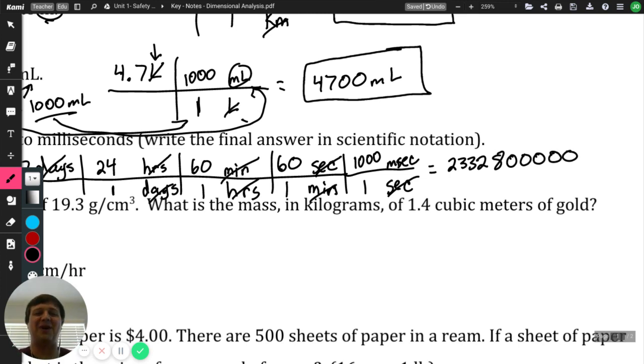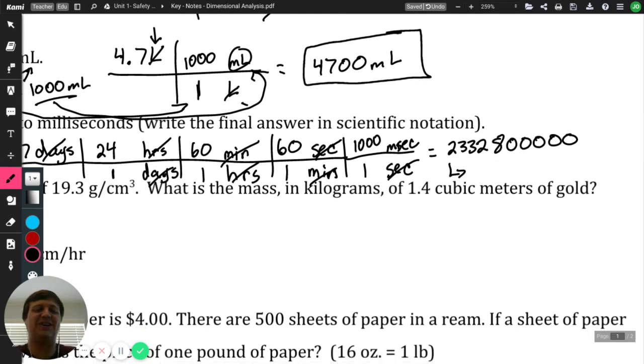Okay, well, now you see why I wanted you to write it in scientific notation, which is 2.3, if we do our sig figs, times 10 to the 9th power. How do I know 9th? Because I took this decimal that was here and I moved it until this number was between 1 and 10, which was 9 times. So I get 2.3 times 10 to the 9th milliseconds. This would be my answer.